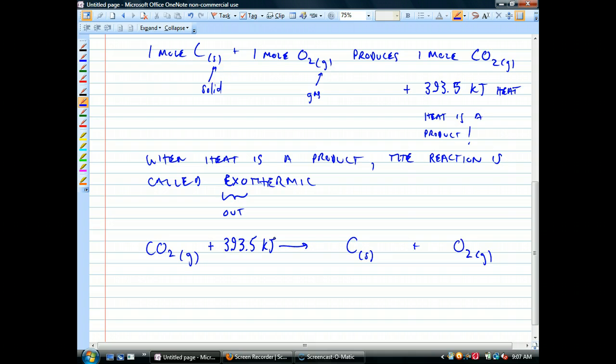Now, I might not have to put this energy in as heat. I might be able to put it in as electrical energy, for example. But that's what it would require. So notice the reverse reaction. The reverse reaction requires the same amount of heat that the forward reaction produced.